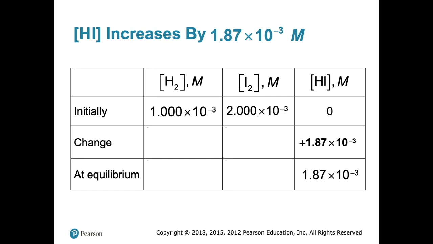The change is plus 1.87 times 10 to the negative 3, because you're getting more of it, and that's why it's plus. So when you're doing these ICE tables, just remember, this is ICE, and this is always reactants right here.